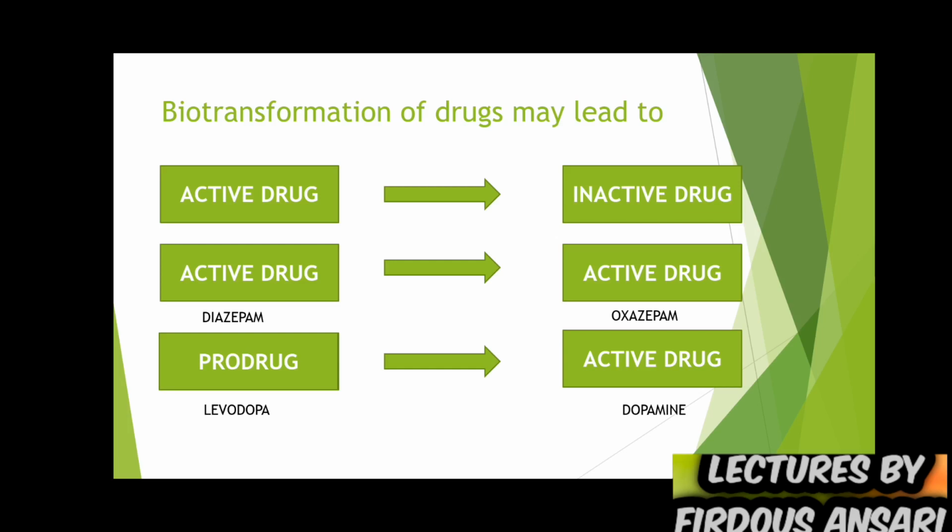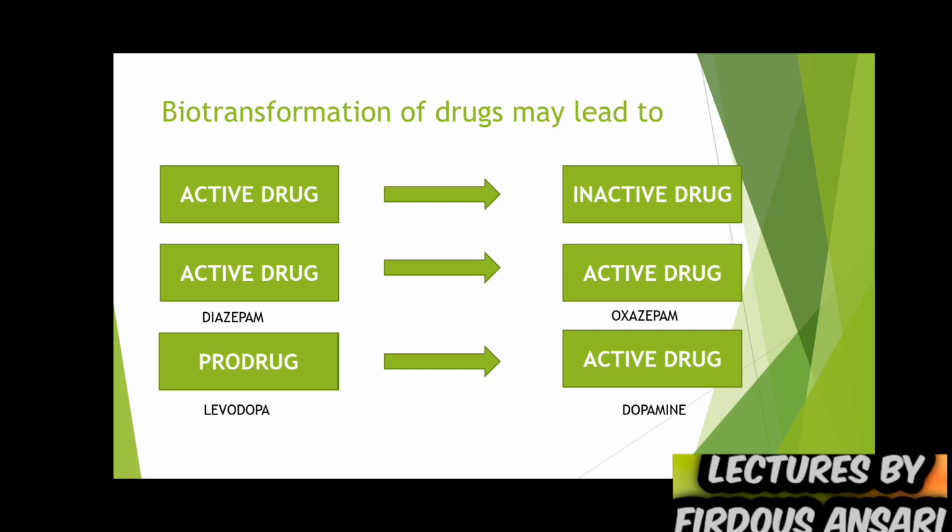So in our brain, the level of dopamine will not be increased. But if in place of dopamine, if we consume levodopa, then what will happen? This levodopa, it can easily cross the blood-brain barrier and it will move into the brain. Inside the brain, there will be an enzyme, and that enzyme will convert levodopa into dopamine, and finally this dopamine will increase the dopamine level and will treat the Parkinsonism problem.